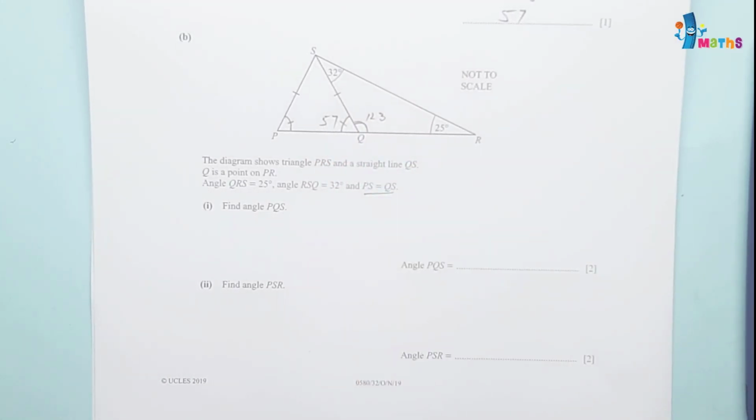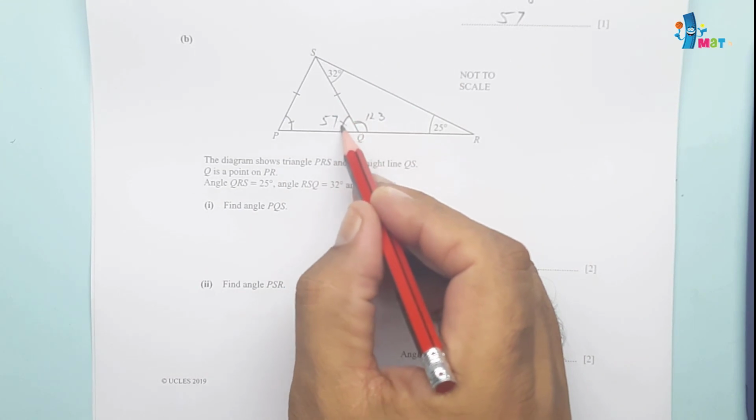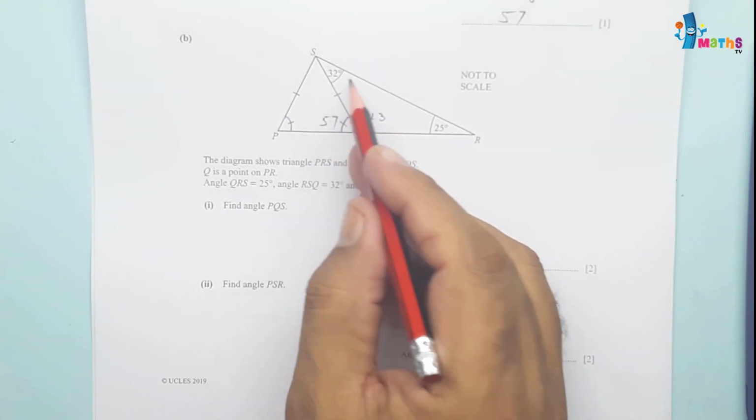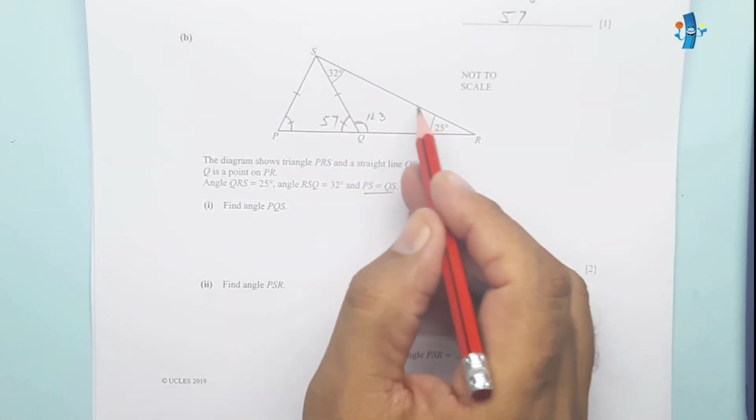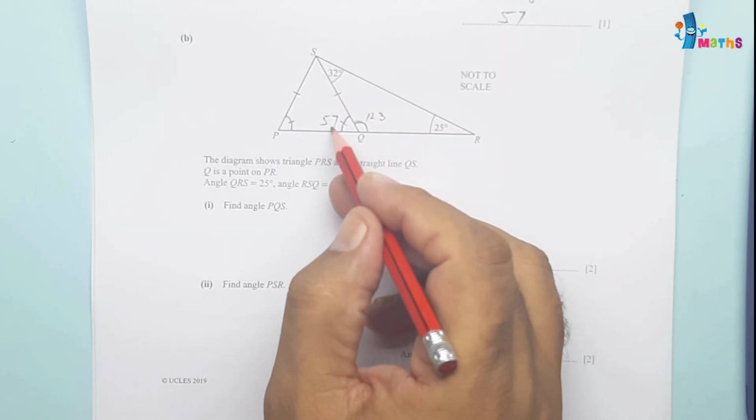The second option is that we know the rule that the exterior angle of a triangle is the sum of the remote interior angles of the triangle. So 32 plus 25 results in 57.